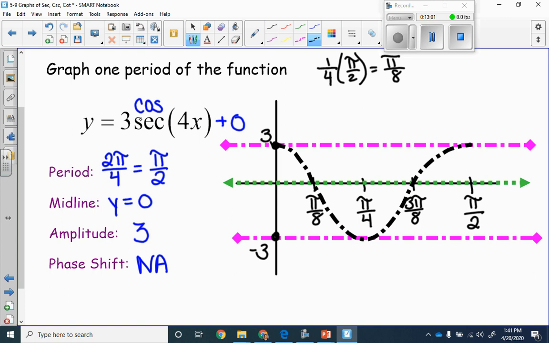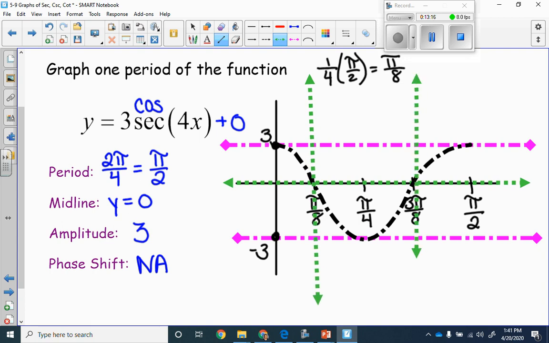Now I need to graph out the secant. And where I see my secant taking place here is, first of all, I am going to have vertical asymptotes going through wherever my cosine function equals 0. That's where I'm going to be having those vertical asymptotes. And then the rest of the function, where I see those maximums and minimums, that's where it's going to be bouncing off.